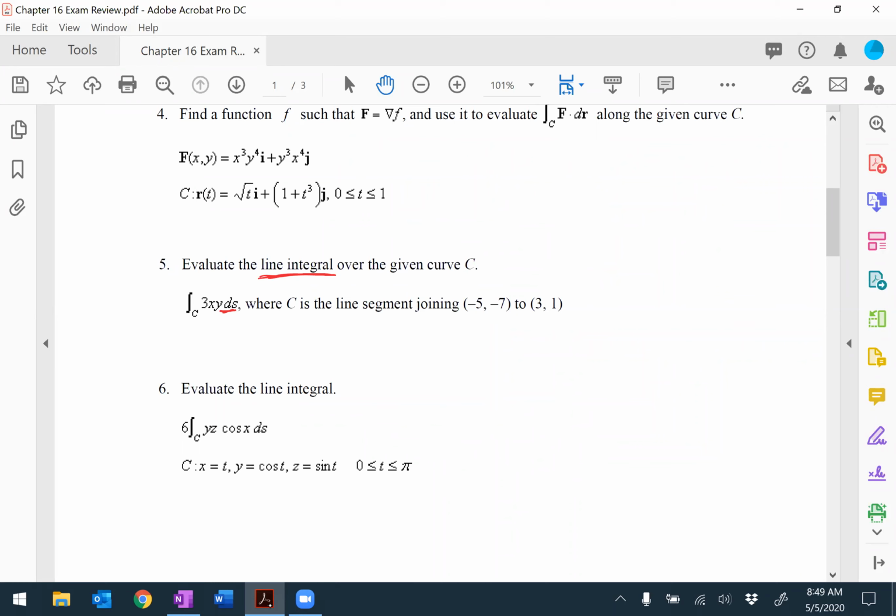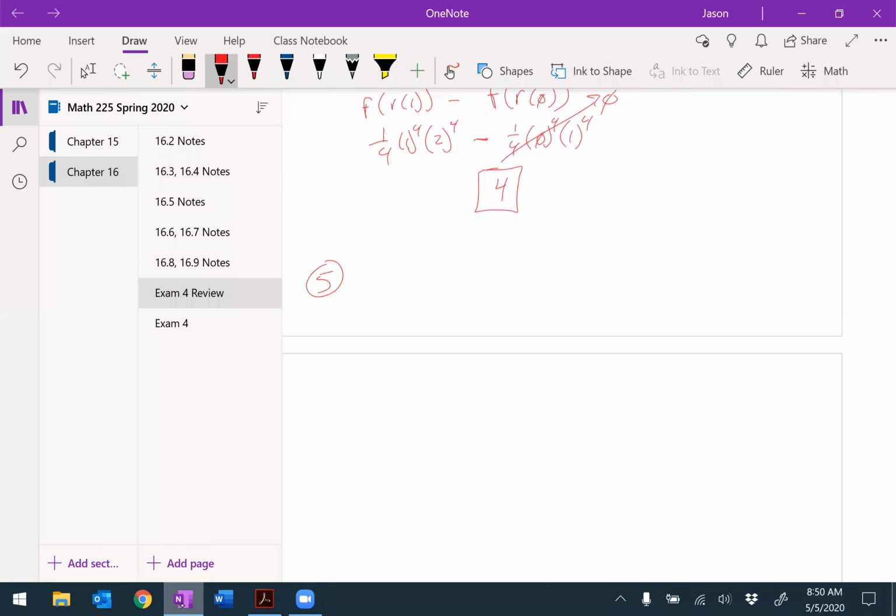And with the line segment joining this, I'm going to have to actually parametrize that line segment using vectors. So just keep that in mind. Okay, so we want the integral over c of 3xy ds. I want to parametrize the line segment. That's little s, by the way.